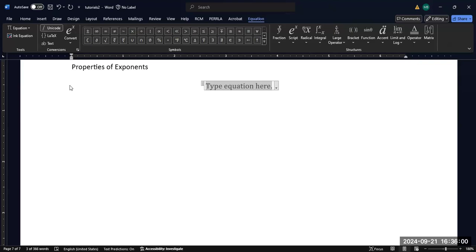A number raised to a power, the power being the exponent, the small number as a superscript, is telling us essentially the number of times that I am going to multiply the number in the base by itself.